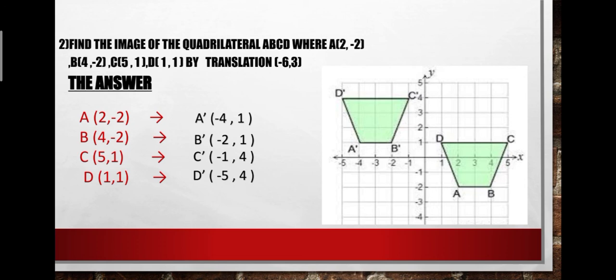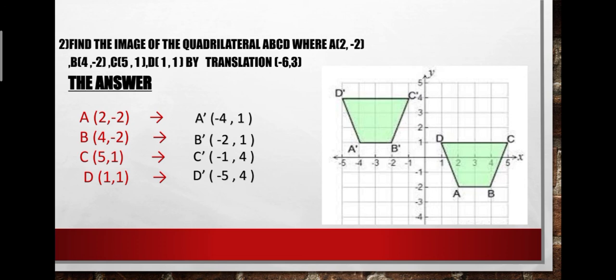What about A dash? I will stand at negative 4, then I will move 1, 2 up. To represent B dash, I will stand at negative 2 and I will move 1 step up. To represent C dash, I will stand at negative 1, then I will move up till 4. To represent D dash, I will stand at negative 5, then I will move up till 4.